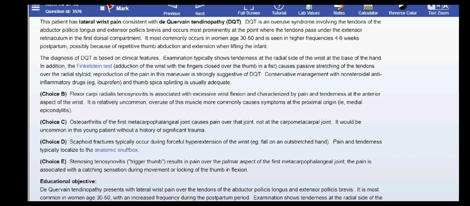We'll see pain and tenderness localized to the anatomic snuffbox. It's not like the Finkelstein test. It's not that, because we have a postpartum woman, lifting an infant, etc., and that could cause de Quervain tendinopathy.